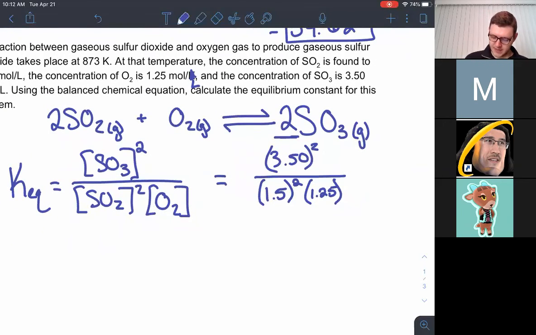So now let's do the same thing. So what is 3.5 squared? 12.25. 12.25 divided by, so now we have to do 1.5 squared and then multiply it by 1.25. 2.8125.